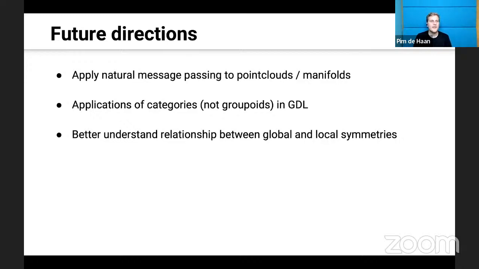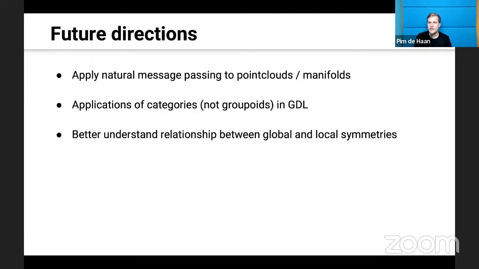There are some future directions. So I'm working on generalizing this kind of natural message passing to point clouds and manifolds, where you would have groupoids of maybe geodesics on the manifolds. Another question I'm really interested in is applications of categories that are not groupoids to geometric deep learning.